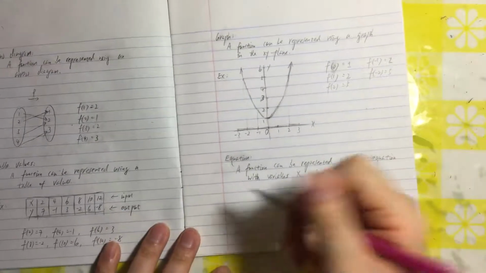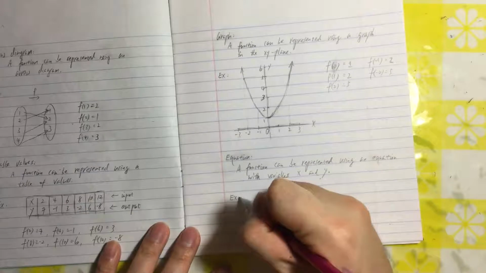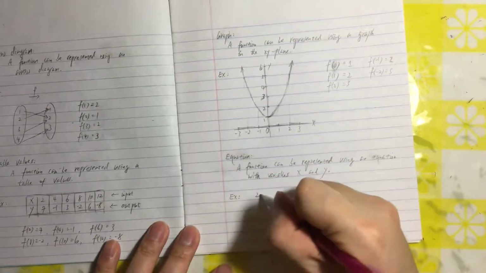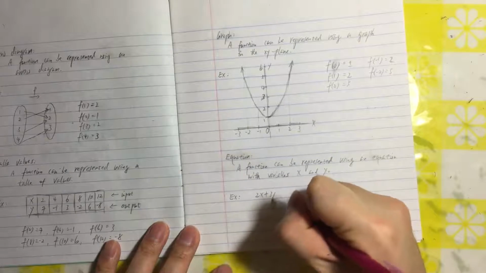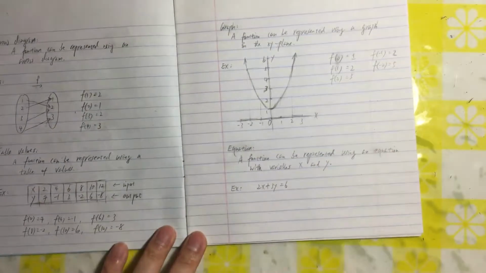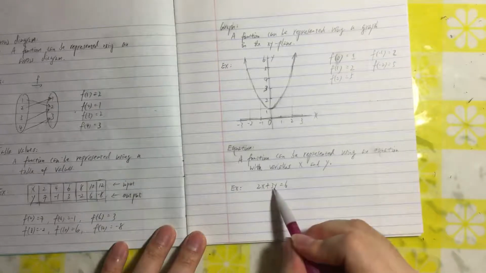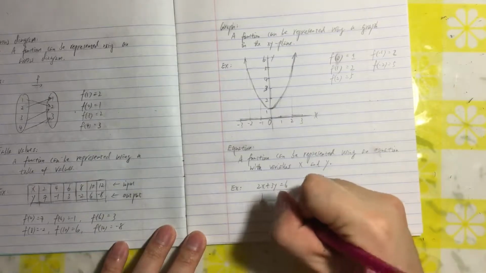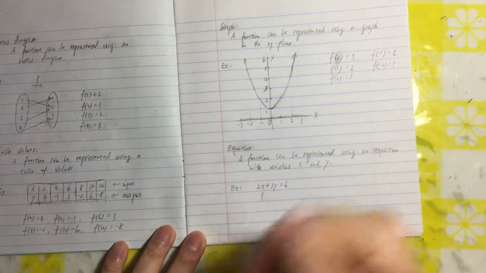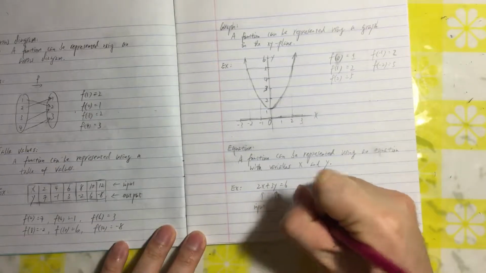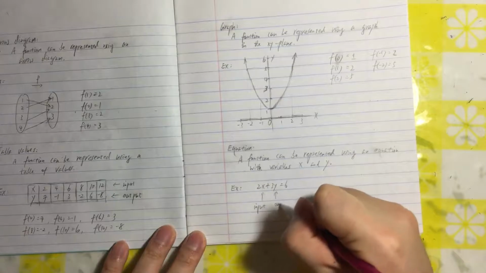For example, 2x plus 3y equal to 6. In this equation, we consider x as input, y as output.